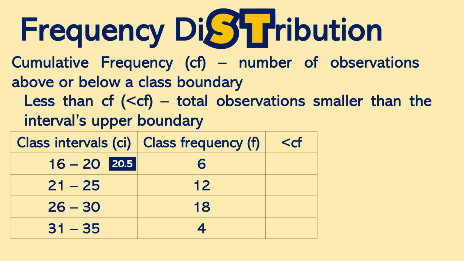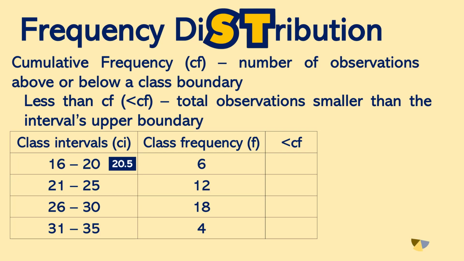We have 6, right? The 6 being the class frequency of the interval 16 to 20 indicates that there are 6 observations of values ranging from 16 to 20. Again, these 6 values range from 16 to 20. None of them are greater than 20, and of course, none of them are greater than 20.5.